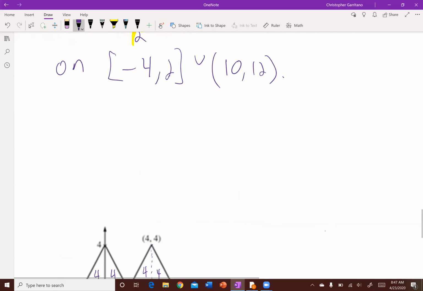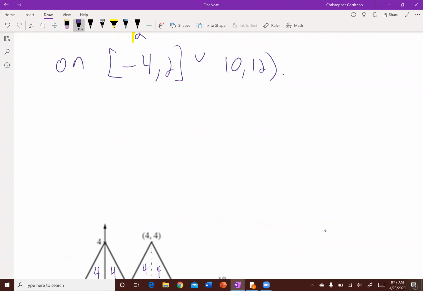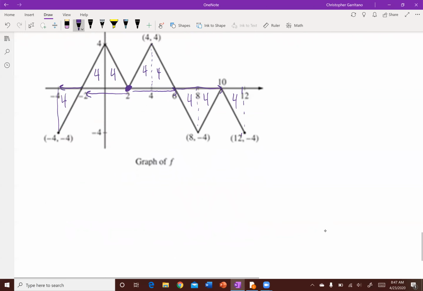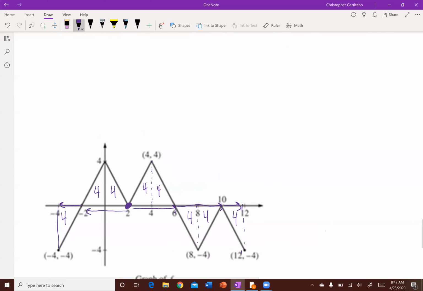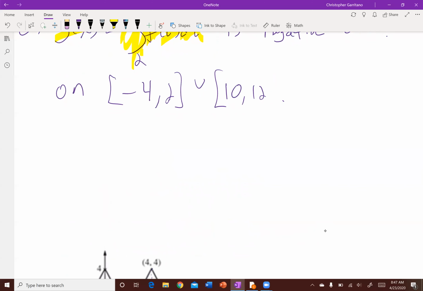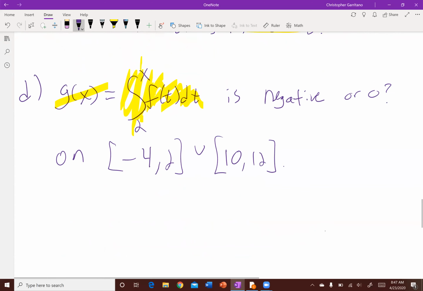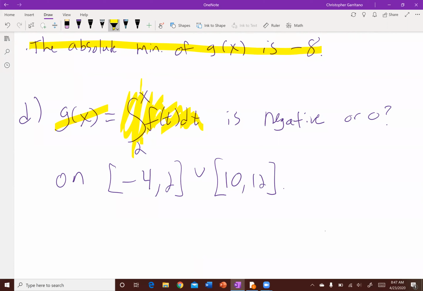So I should put an inclusive bracket here. And then from 10 to 12, we are obtaining a -4. So the area turns negative right after 10, all the way up through and including 12. And there you have it. That's your final answer. Again, there was no justification necessary. So as long as you came up with the interval, you were good to go.